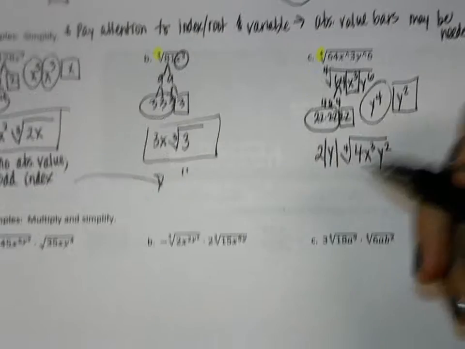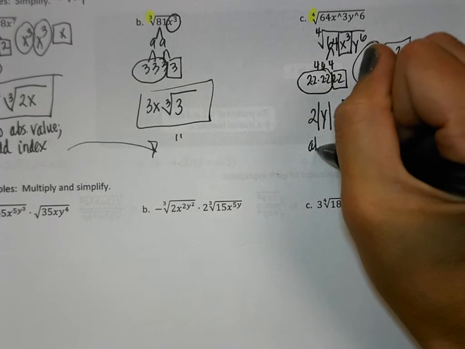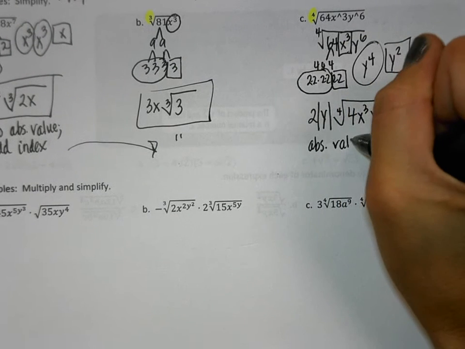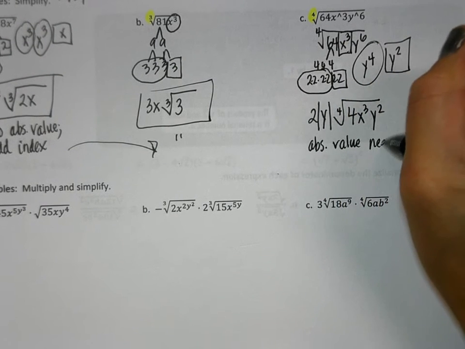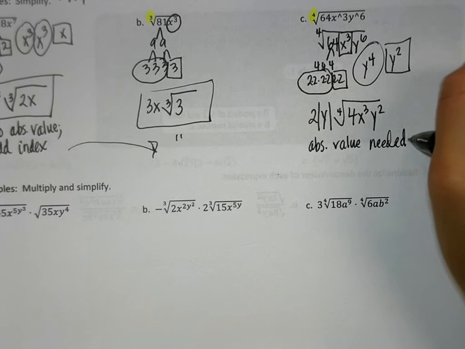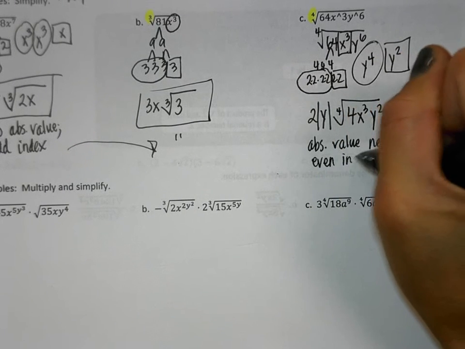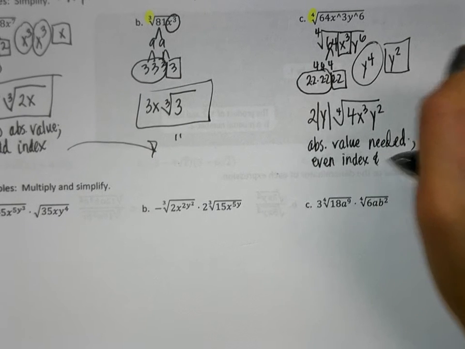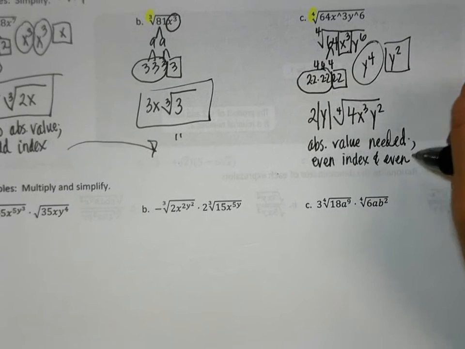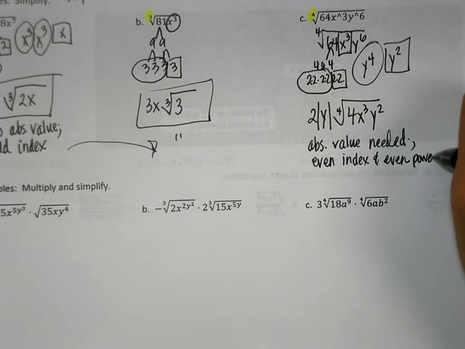Okay, so again, let's go ahead and write a note. Absolute value needed. Even index and even power in root.